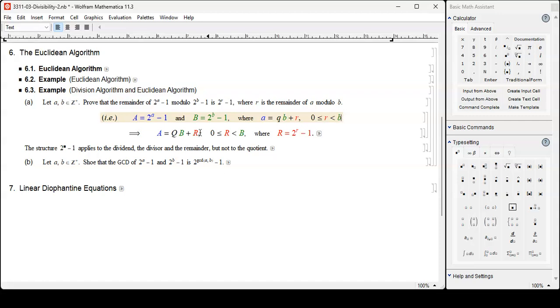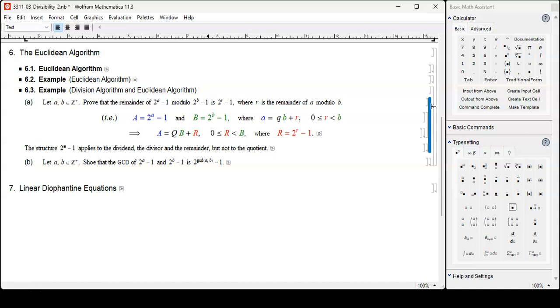Then the remainder of the capitals must follow the same structure. So if I let capital R be 2 to the r power minus 1, then we must prove that this is a remainder. In other words, it must satisfy this equality and then this inequality. So these two are the things we have to prove. Number 1, equality. Number 2, inequality. That's the structure of the problem.